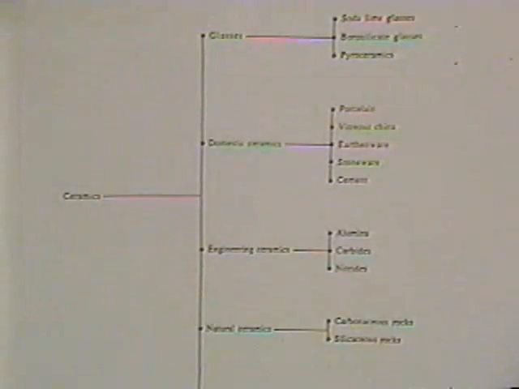Many insulators are made from glass materials, electrical insulators. And then there's some interesting engineering ceramics related to the high-temperature gas turbine engine. The ceramics, similar to the polymers, can be both crystalline, which we'll talk about in a minute, and either glassy or amorphous.